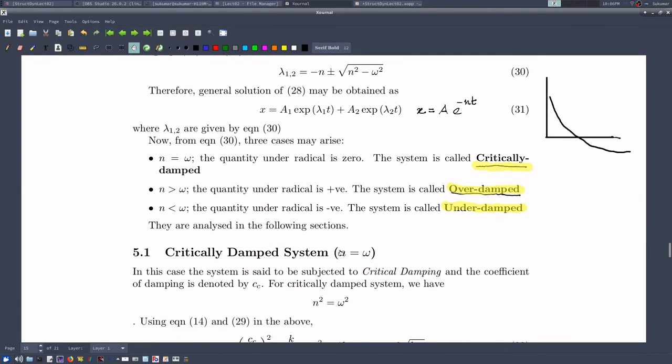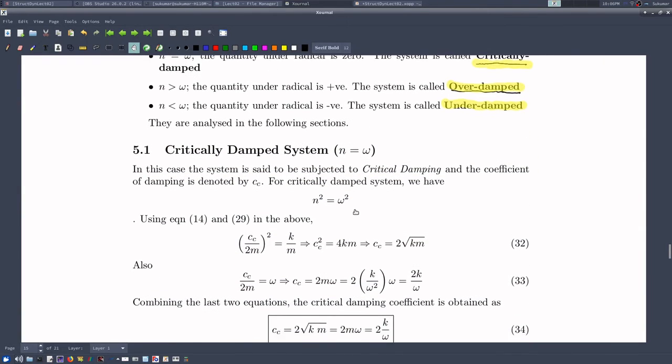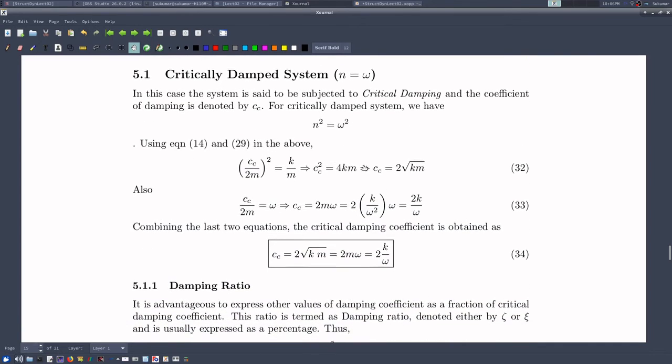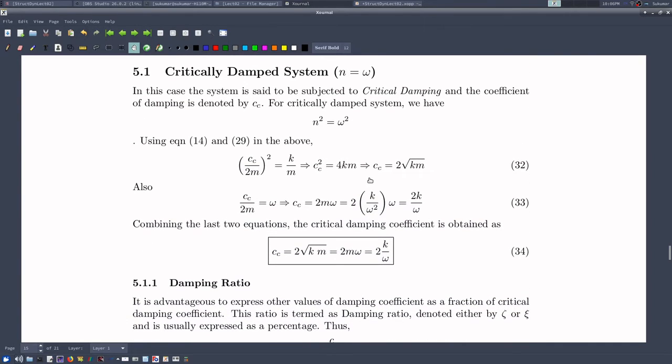These three cases. First, let us see the critically damped system, when n is equal to omega. So I can write that n square is equal to omega square because n is equal to omega. Now putting the value of n here, for a critically damped system the damping coefficient, we call it the critical damping coefficient, is denoted by Cc, right?